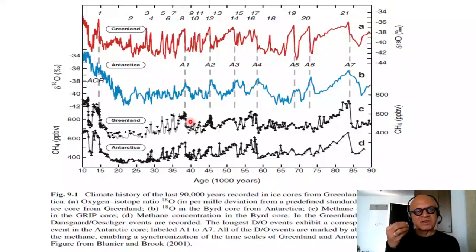So if methane is being altered by changes in precipitation, wetlands, permafrost, glacial cover, and so on, that doesn't necessarily have to correspond one-to-one with changes in temperature, for example.